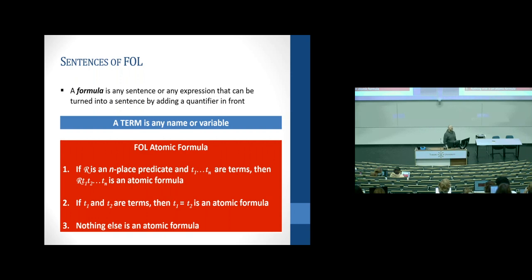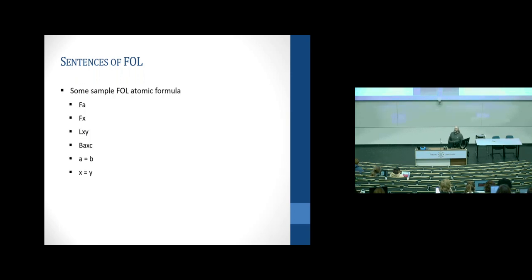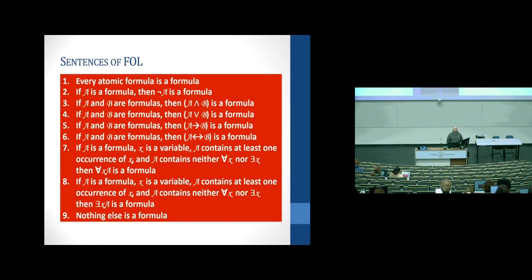So we know how to build atomic formulas. It's a predicate with whatever number of terms it needs. Some simple FOL atomic formulas, right? We just take a predicate and suppose that it has this many gaps. Cool, go nuts. Now, how do we define a sentence?